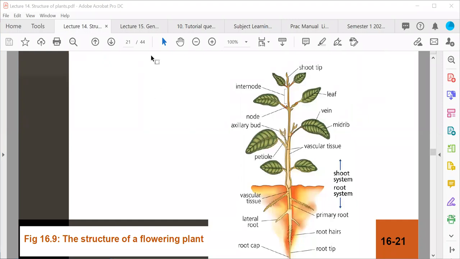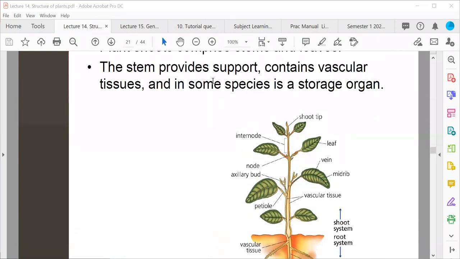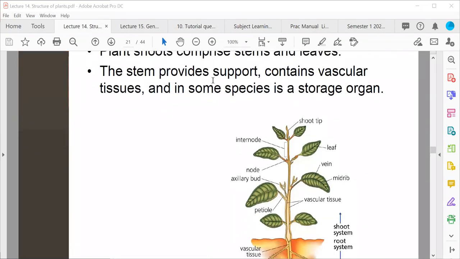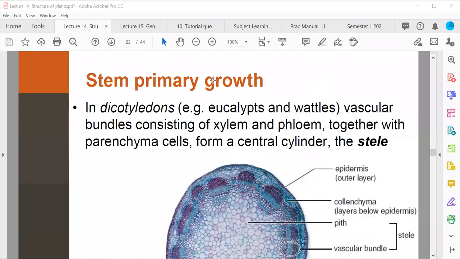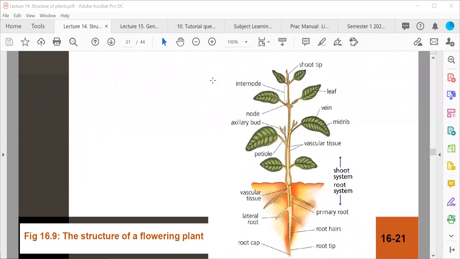All right, so let's start first with the shoot system. So, of course, the above ground vegetative components of the plant is referred to as the shoot system.